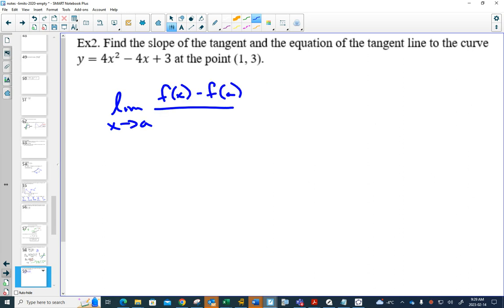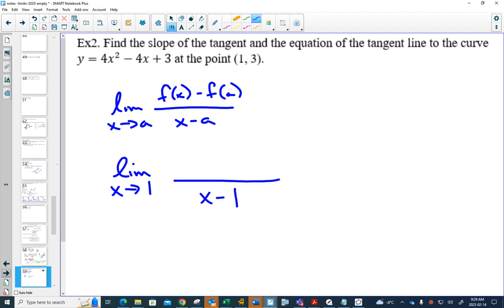So when we're using this formula, it finds specific slopes at a certain point. And so now what's the point that we're finding it at? (1, 3). So we would be able to plug in that x is getting close to 1. On the bottom, it would be x minus 1.